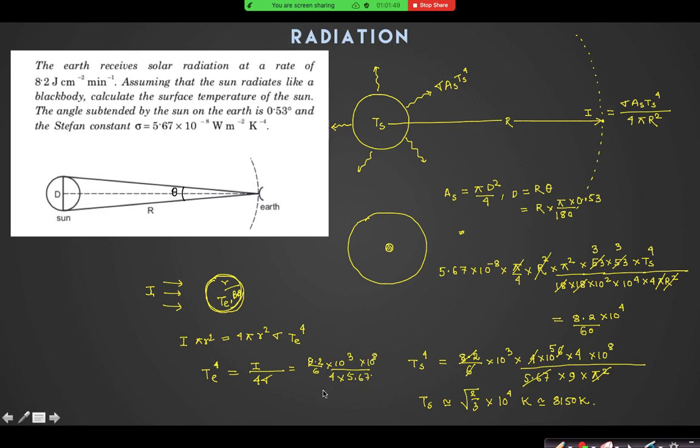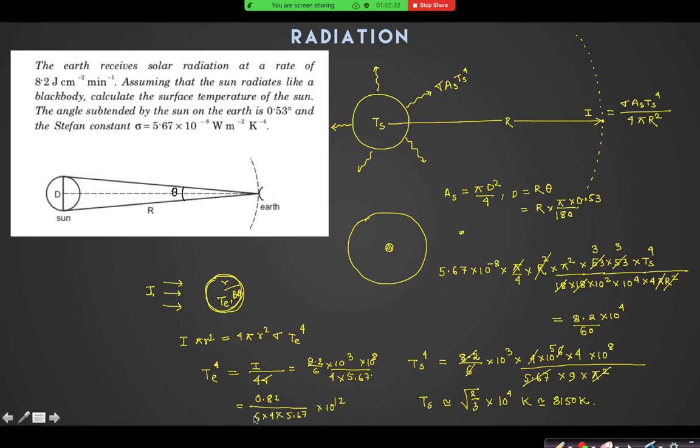So approximately this much Kelvin if you find T power 4, 8 plus 3 it's 11, so I can take it 12 if I say 0.82 divided by 6 into 4 into 5.67 into 10 power 12 then, right?